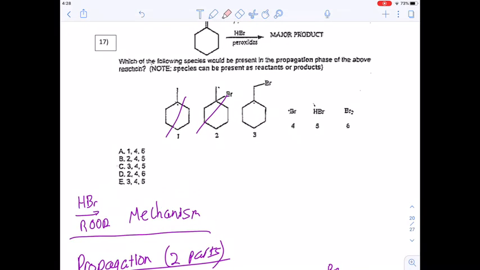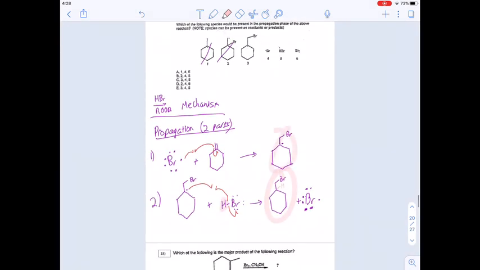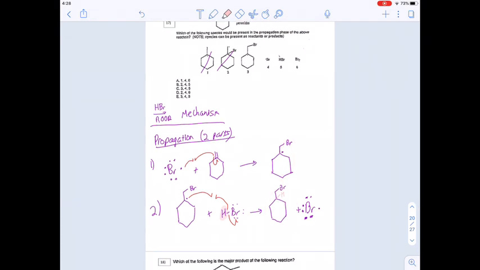We have 3 with the Br on the less substituted side, and that is definitely going to be in our propagation stage because we see it here. I can't tell if that's a radical in the center or not, but even if it is, the radical version is there as well. So 3 is definitely going to be there. 4, we see a radical Br here.